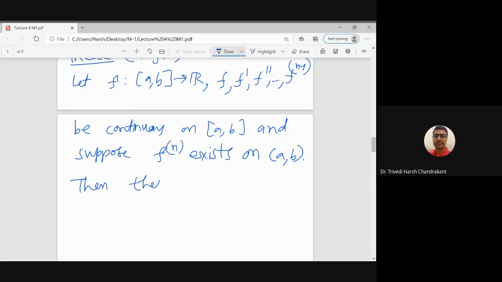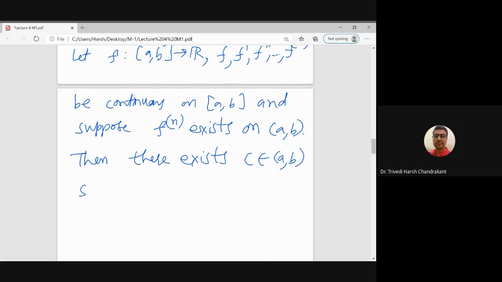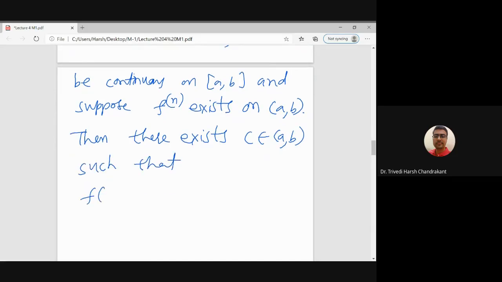Then there exists c between a and b such that we can write the expression of the mean value theorem.